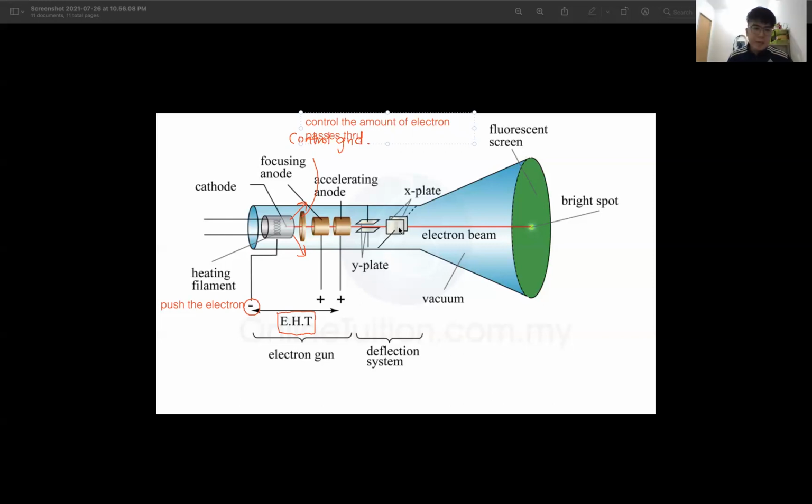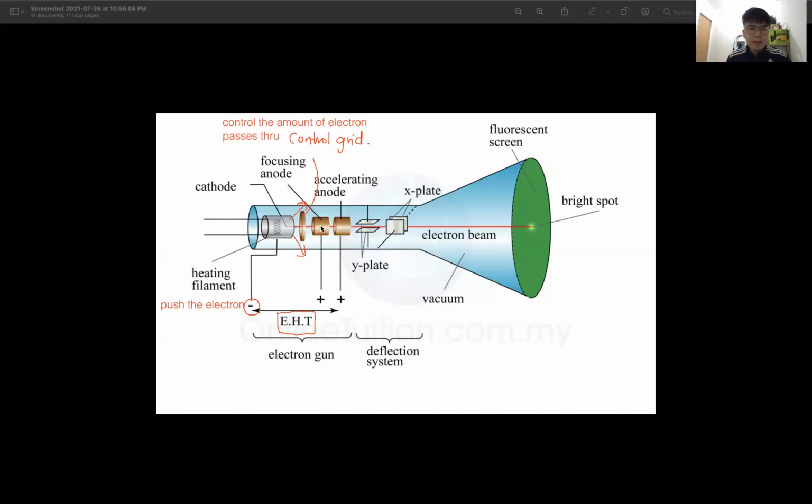If you have many electron passes through, then you will get a very bright spot on the screen because many electron hit the screen, more energy. So by controlling the amount of electron that passes through, I control the brightness. Okay, so remember the control grid is to control what? Control the brightness of the spot over here.